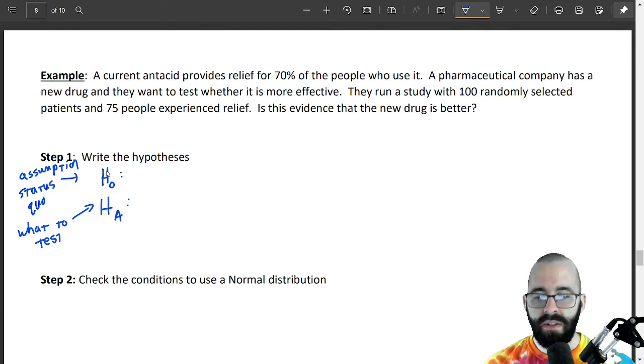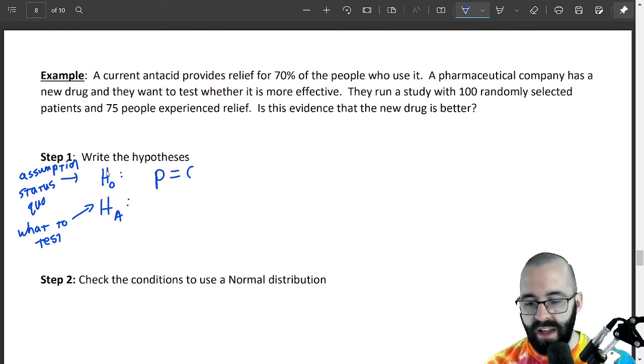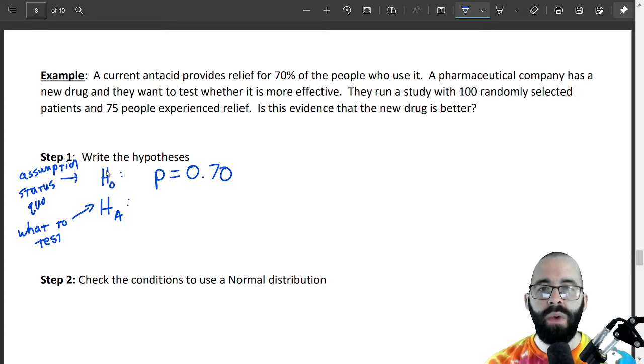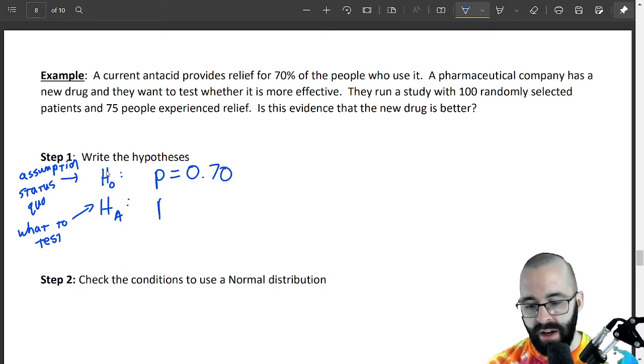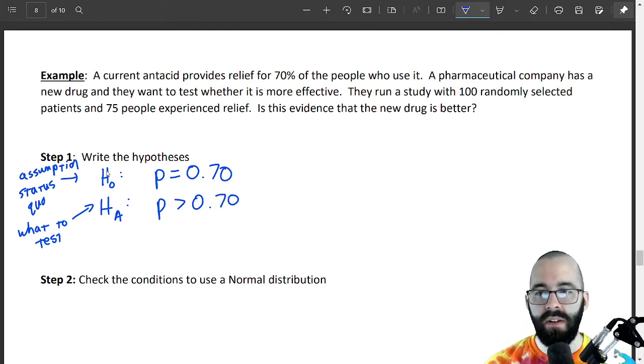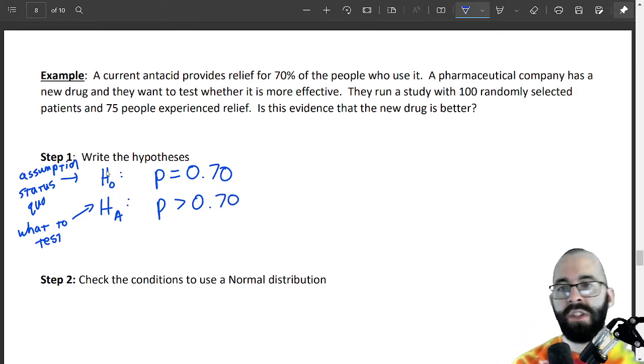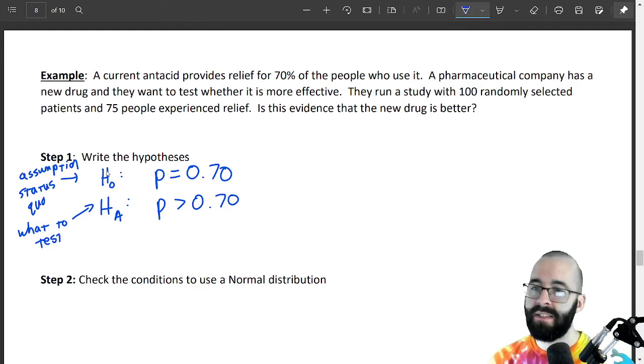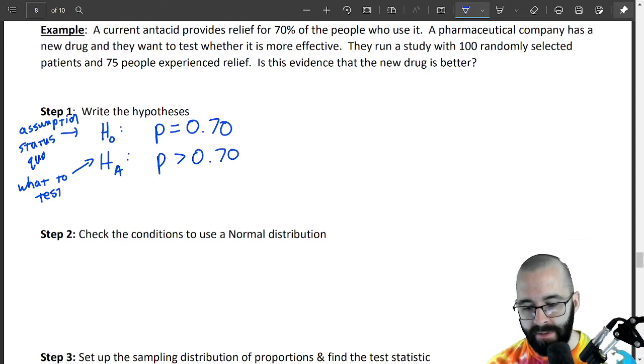Status quo is that 70% will experience relief. And what we want to test is: is this new drug better than the old drug? The status quo is that old drug, that old situation. Those are our null and alternative hypotheses.